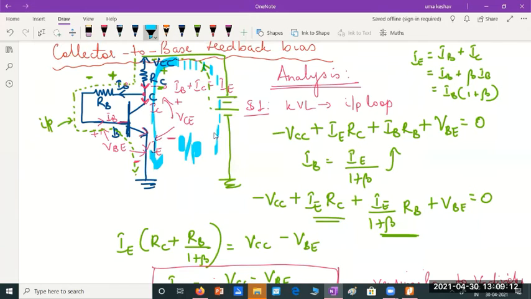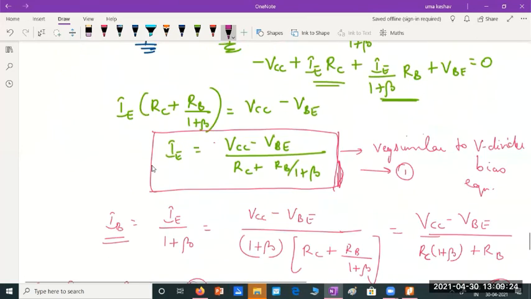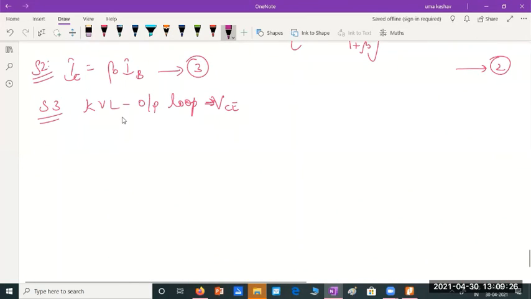Yes or no? Can you write this KVL equation of the output loop? Minus VCC plus IERC plus VCE will be 0. Is that right? Minus VCC plus IERC plus VCE will be 0.